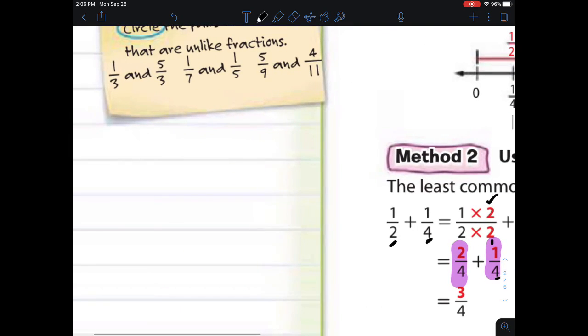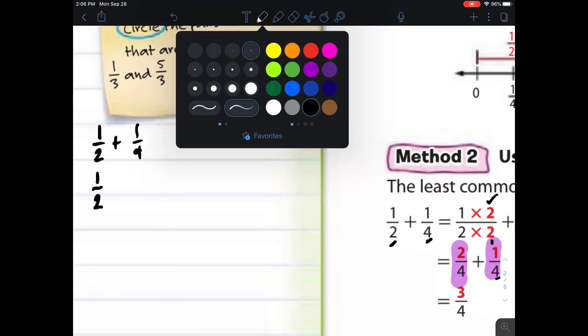So let's take a look at the same problem, 1/2 plus 1/4. What I'm going to do is multiply each fraction with the denominator of the opposite fraction. What does that mean? So I'm getting 1/2, and I'm going to multiply it with the denominator of the opposite fraction.